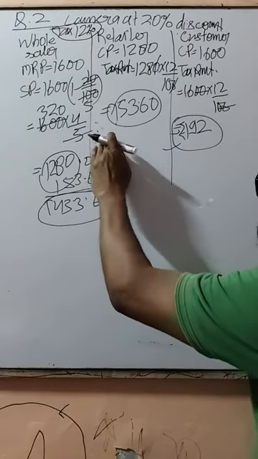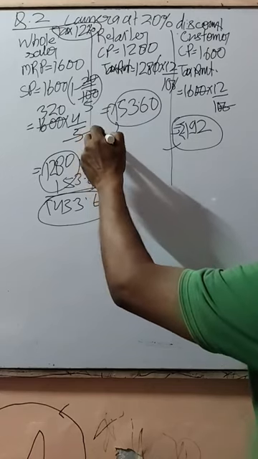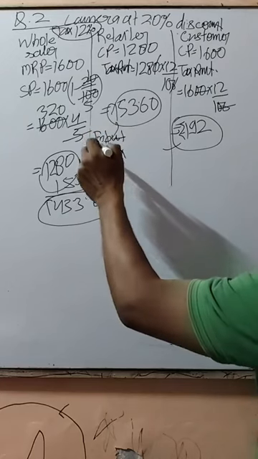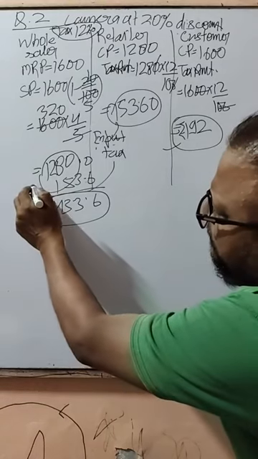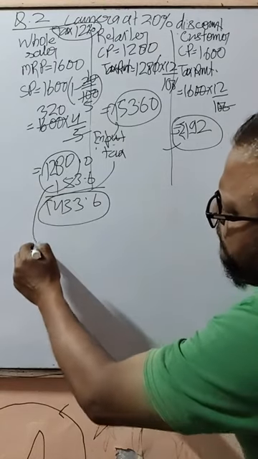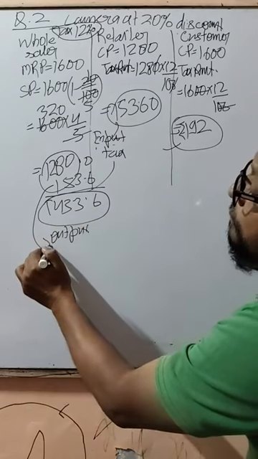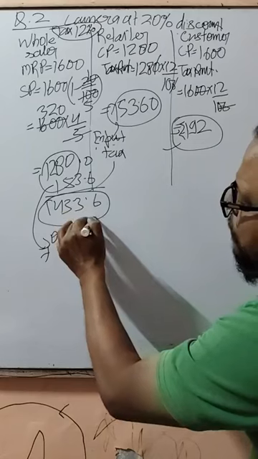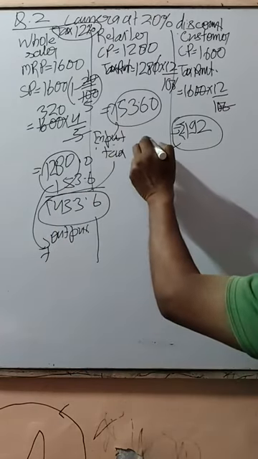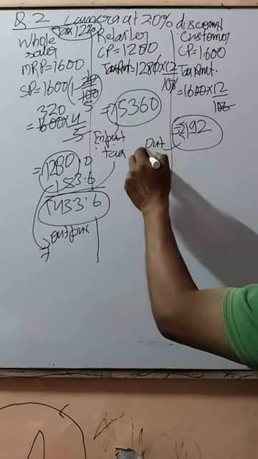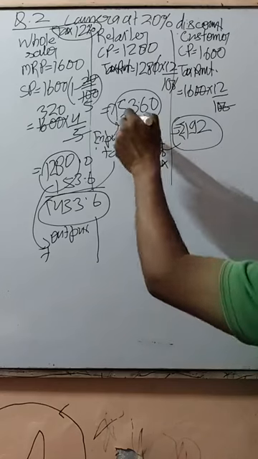This is input GST. Input tax for retailer, and this is output tax for him. This is input tax and this is output tax for him. Output tax, right? Output tax is this.